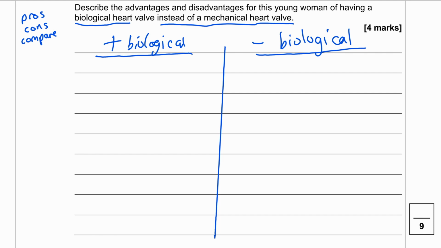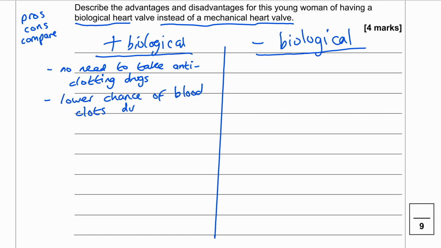So if there is a very little chance of blood clots forming, then that would mean that we wouldn't need to take any anti-clotting drugs, which is definitely an advantage. Another advantage then is there's a lower chance of blood clots during pregnancy or birth. So we definitely got at least two positive points for our biological valve.